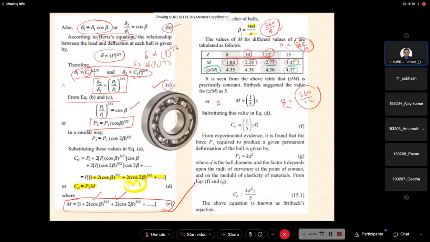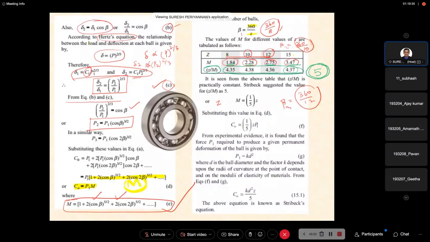So the Z by m ratio almost doesn't change. Hence Stribeck finally considered the value as 5. That is very, very important.